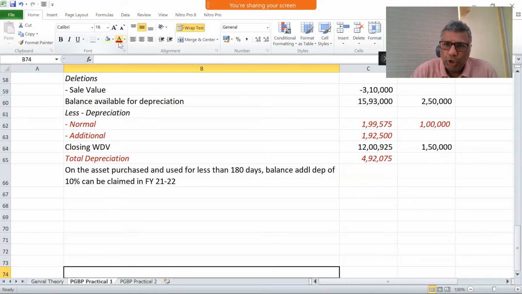So this is how depreciation needs to be computed.